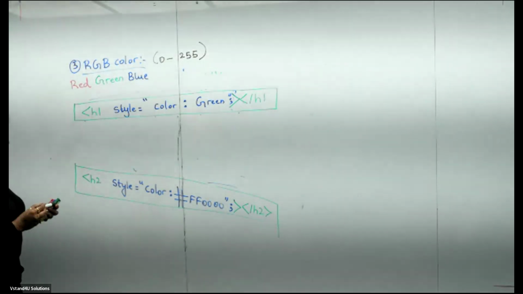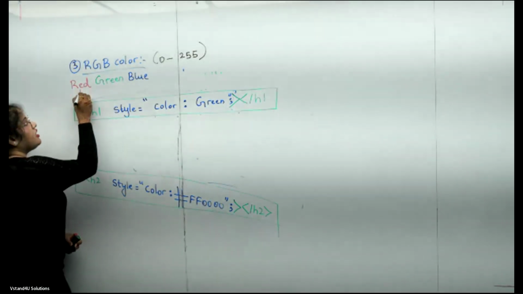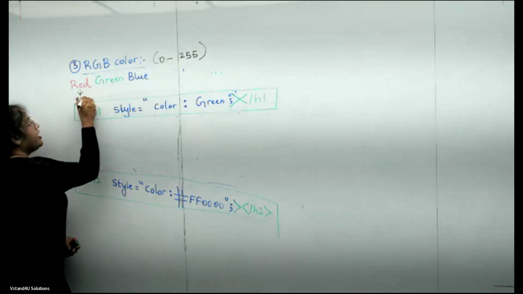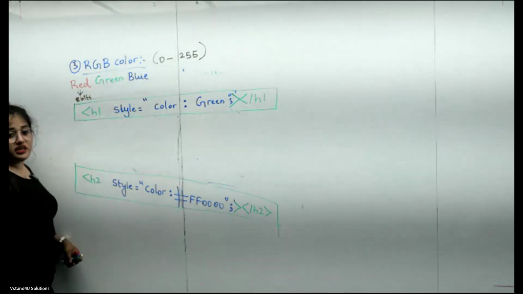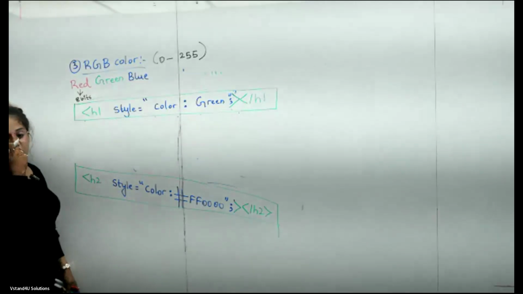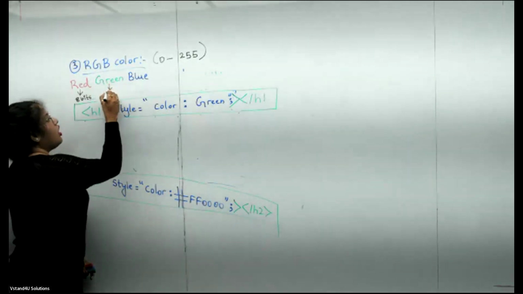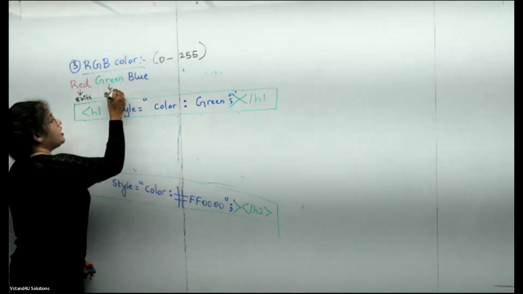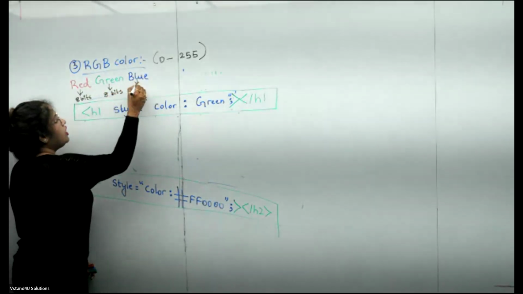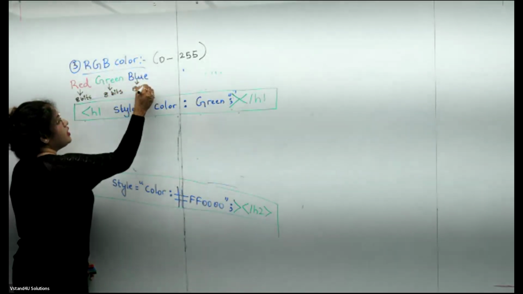So I can say that this red color stores 8 bits. Your green color also stores 8 bits and your blue color also stores 8 bits.